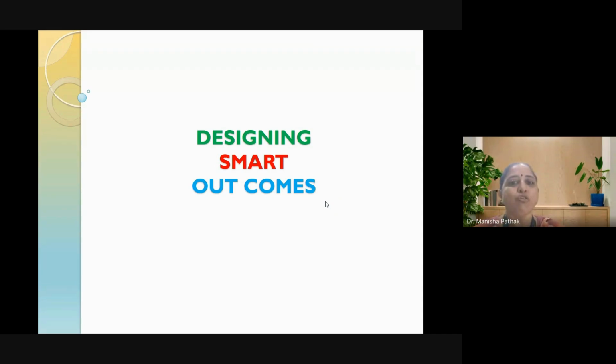So this was about Bloom's taxonomy and the different levels in that, right? And in this Bloom's taxonomy, though it is called Bloom's taxonomy, the other two domains, the affective domain and the psychomotor domain, were designed by other psychologists. But it is called Bloom's taxonomy. In a nutshell, this Bloom's taxonomy has different types of action verbs, right?